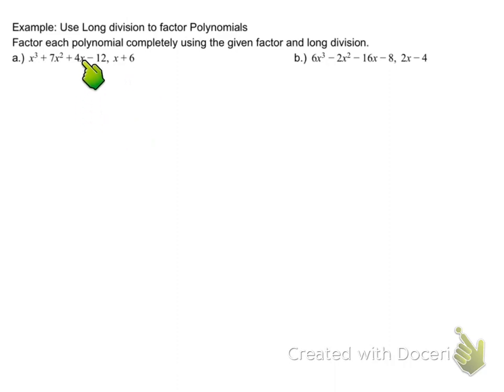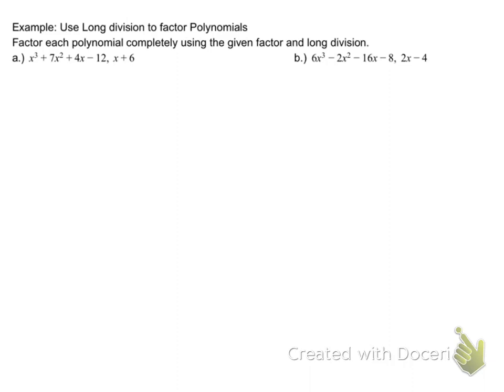It says factor each polynomial completely using the given factor and long division. What this means is that x plus 6 is a factor of that thing. And the quotient can be factored as well, and you'll be able to break this down into its smallest pieces. So it ends up looking like the problems we did yesterday, and we could graph it.